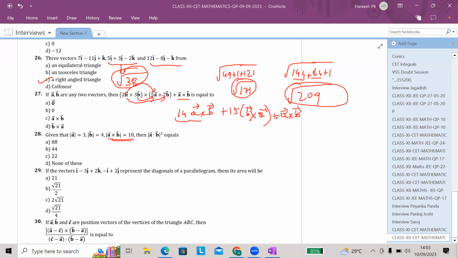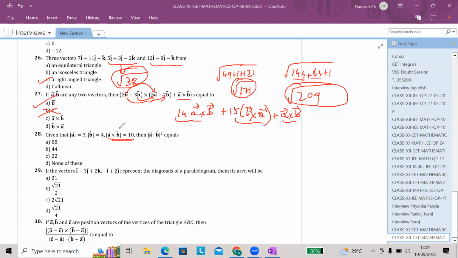So this will be 15 A cross B and 15 B cross A. Both will get cancelled because A cross B and B cross A are in opposite direction. And because it's a cross product, it can't be a scalar 0. It should be a 0 vector.